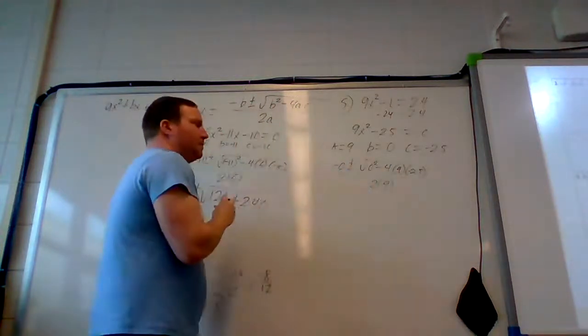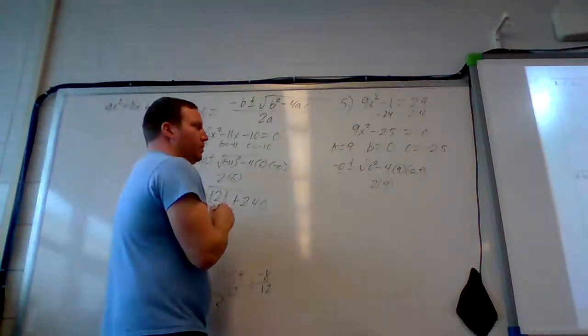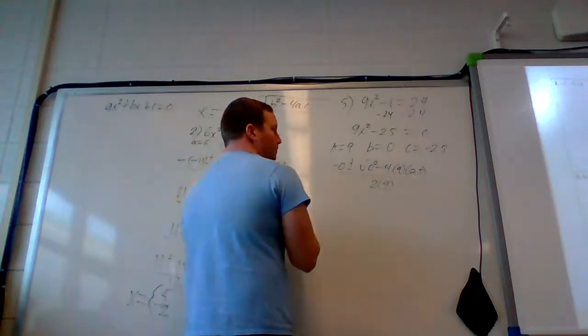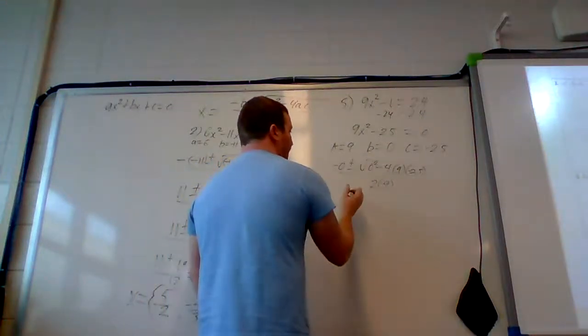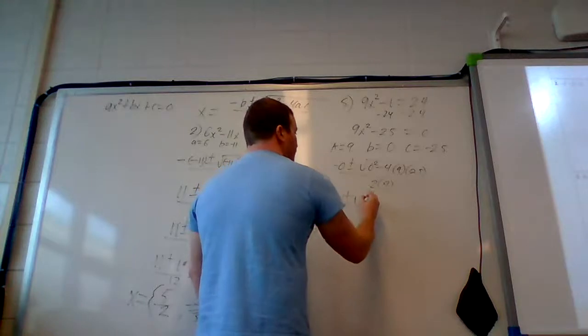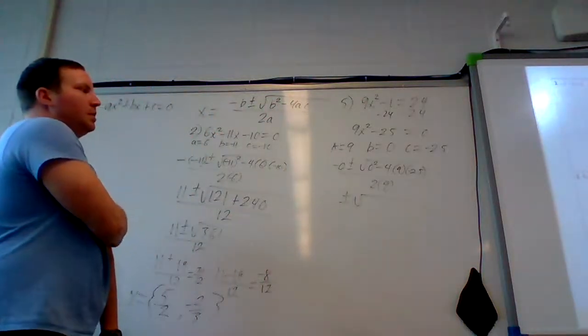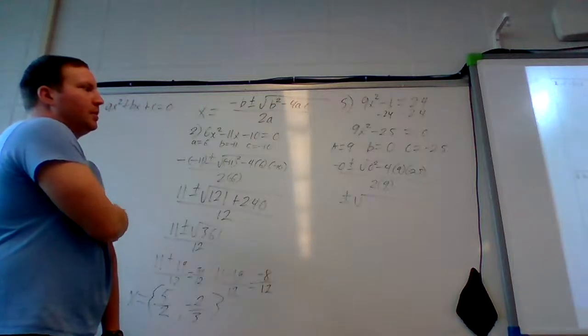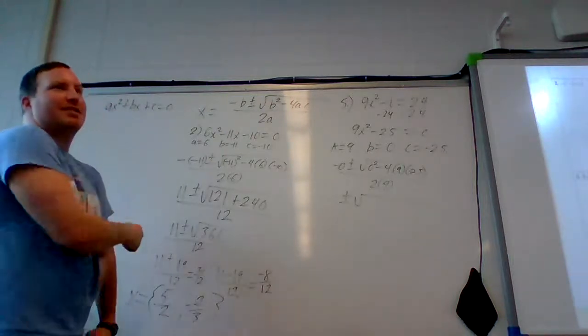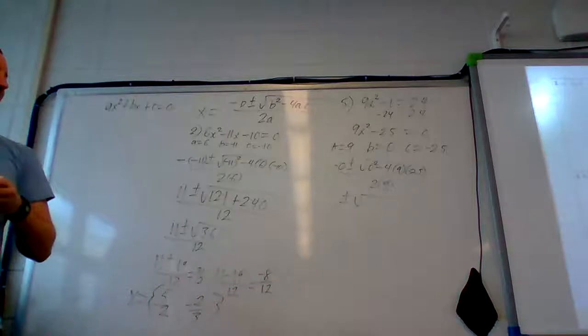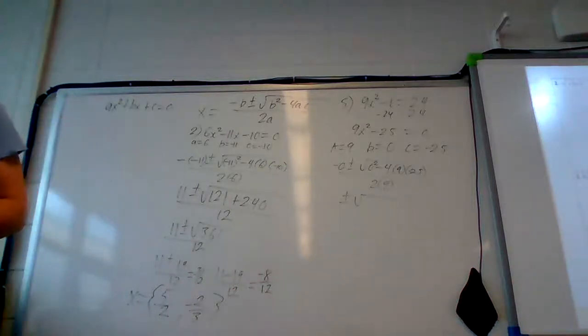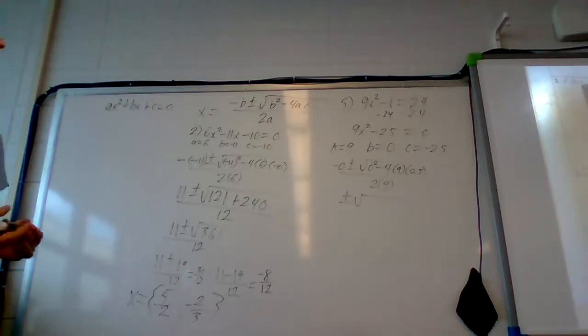What is 9 times 4? It's 36. And then 36 times 25.